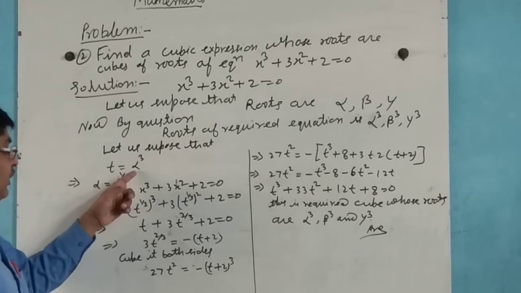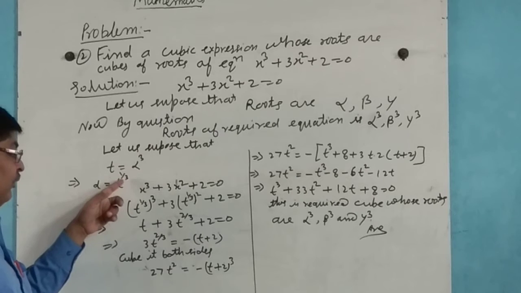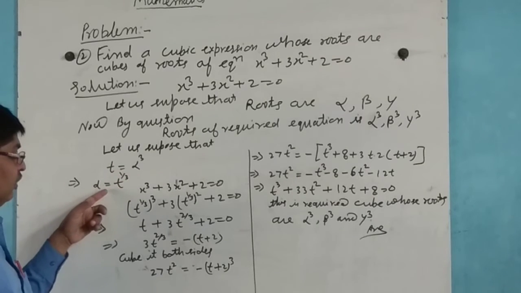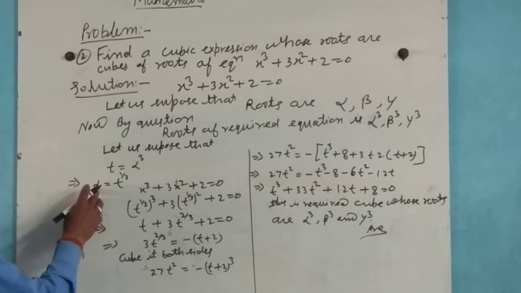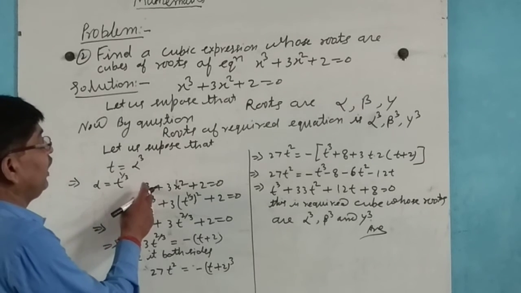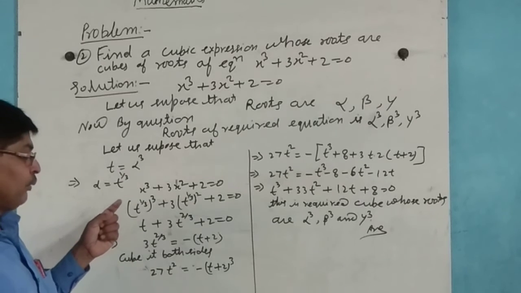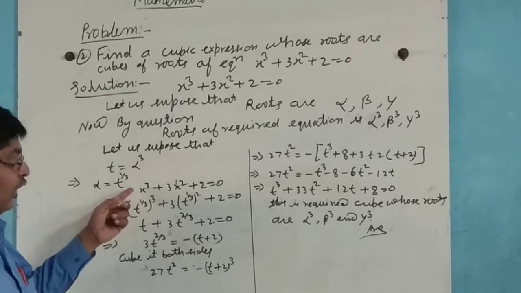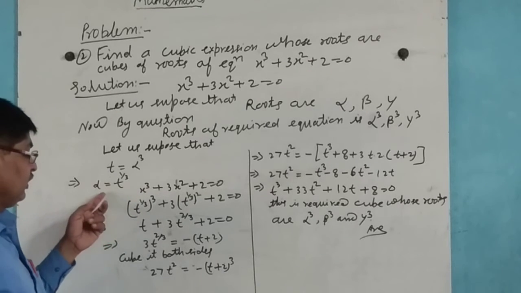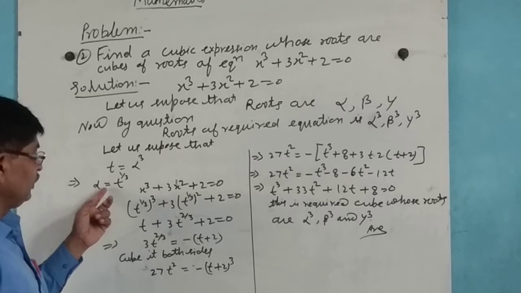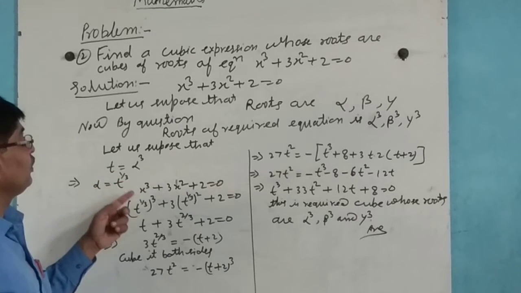Now alpha equal to t to the power 1 by 3. Alpha, beta and gamma are roots of this equation, so putting the value of x, alpha, beta and gamma, here alpha equal to t to the power 1 by 3.